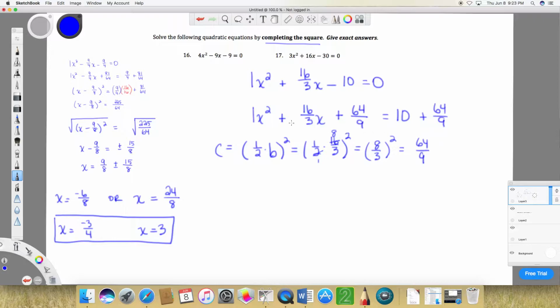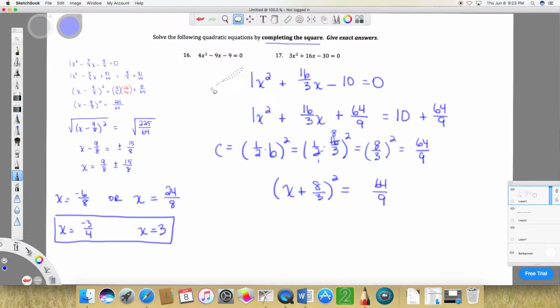And as ugly as that looks, this c was specifically designed to make it very easy for us to factor this left-hand side. All we have to do is write x plus, well, 1/2 of 16 over 3 was 8 over 3. And this is equal to 64 over 9.